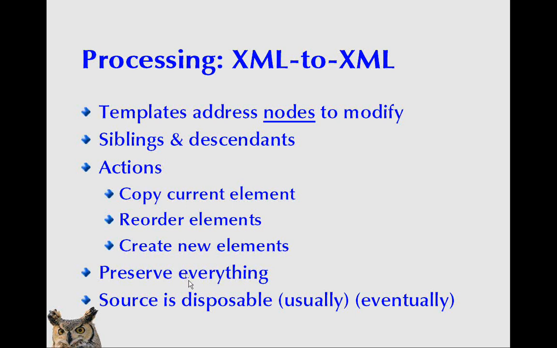And so this sort of turns the equation around in a way that you can say that in some ways the source is disposable because, again, you run an XML to XML transform perhaps once you actually get it really working. You run it, it's done, it's transformed its data, so your source file is now old news. It's no longer necessary to you. It's the output which is the interesting thing.